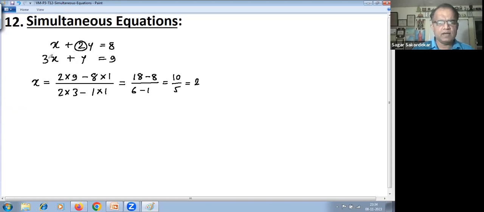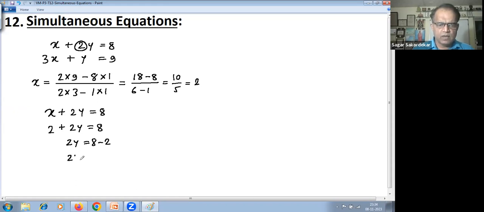But instead of that, once you get the value of x, an easier way is to take any one equation and substitute the value of x there to get the value of y. So we'll take the first equation, x plus 2y equal to 8. Substitute x equal to 2, that is what we have calculated. 2 plus 2y equal to 8. So 2y equal to 8 minus 2.